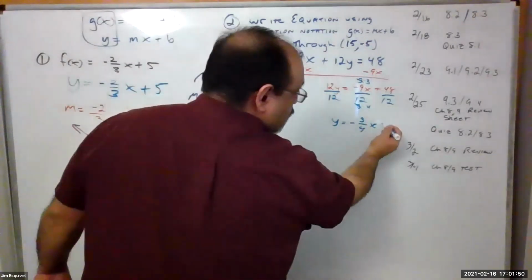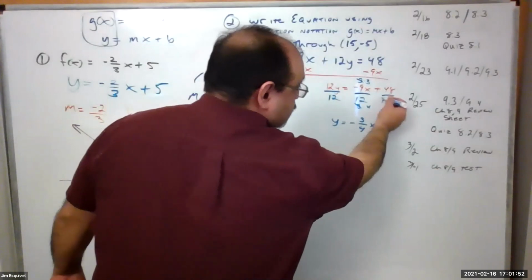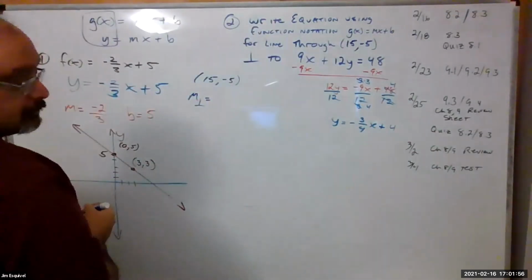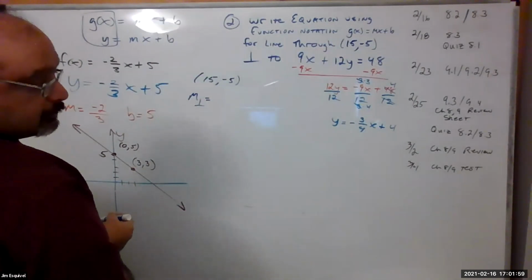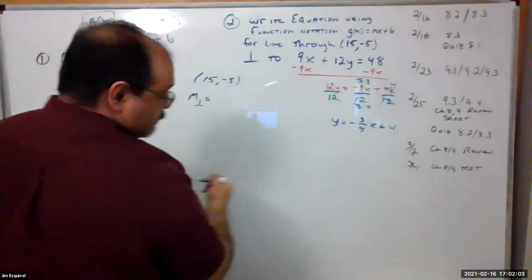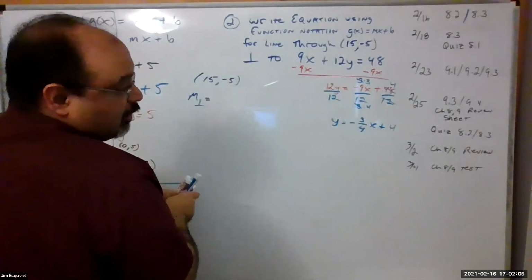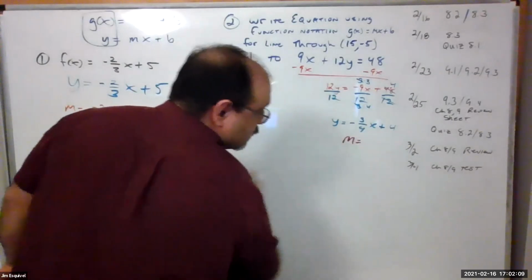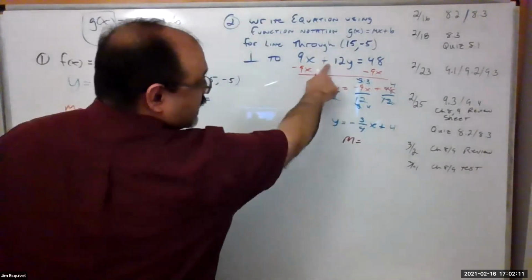plus 12 goes into 48 4 times, plus 4. That's the equation of this line in slope-intercept form. But all we care about is the slope. What's the slope of this line over here?